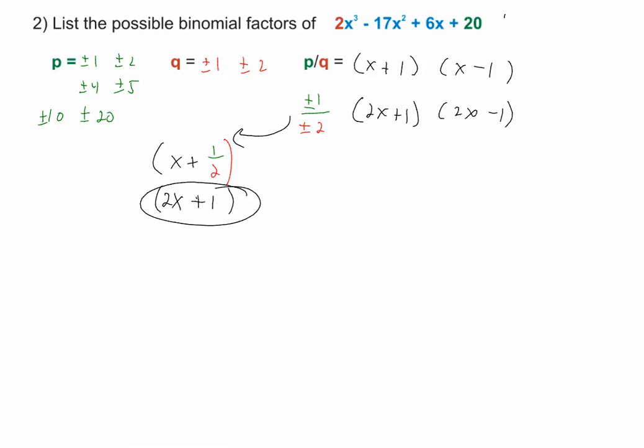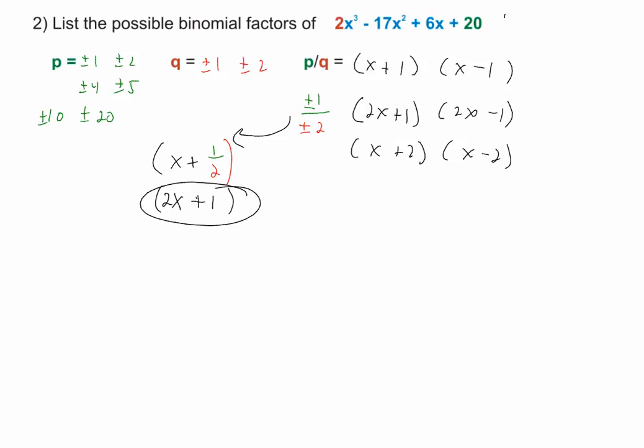Isn't this fun? All right, now we've got to get to the 2's. So x plus 2 using the ones on the bottom, and x minus 2 using the ones on the bottom. That's pretty easy. And guess what? If you try to use the 2 on the bottom, what's 2 divided by 2? 1, so we already have those covered. So we don't even need those, right?